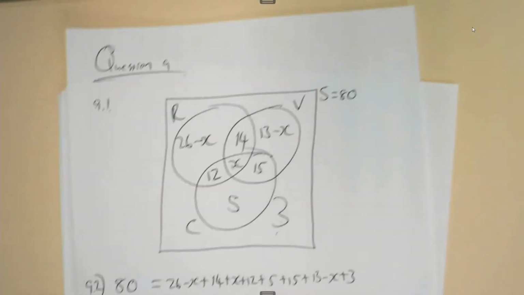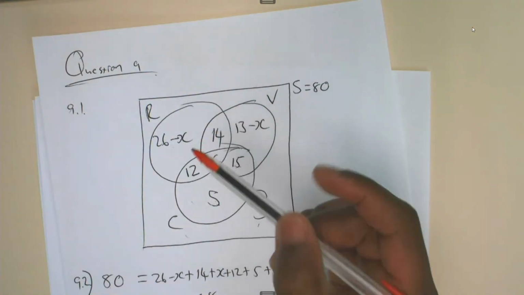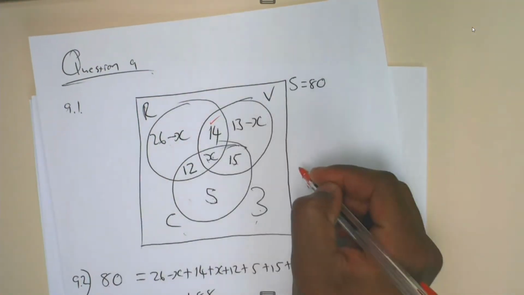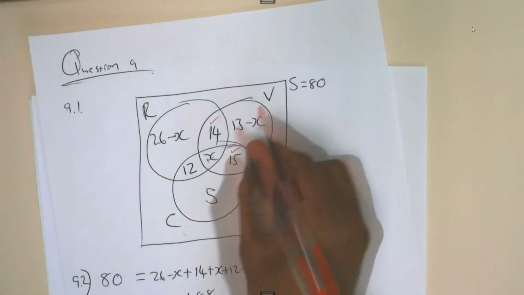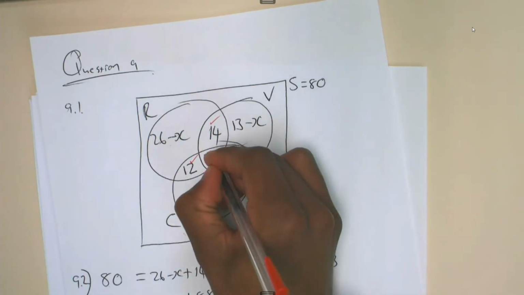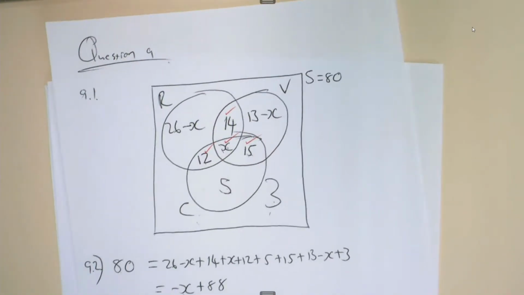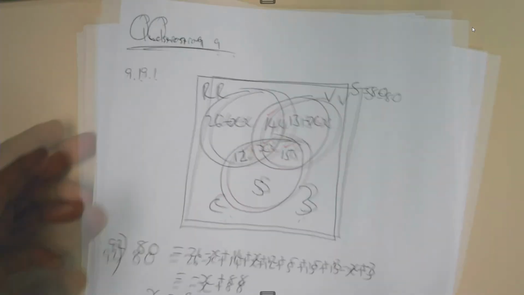Because of the words at least, we have a minimum of 2 sports. So let's go back to our Venn diagram. The regions where we have learners that like 2 or more sports: it's these 14 learners that like rugby and volleyball, these 15 learners, cricket and volleyball, these 12 learners, rugby and cricket, as well as these 8 learners, because they like all 3 sports. Because they said at least 2, meaning a minimum of 2.